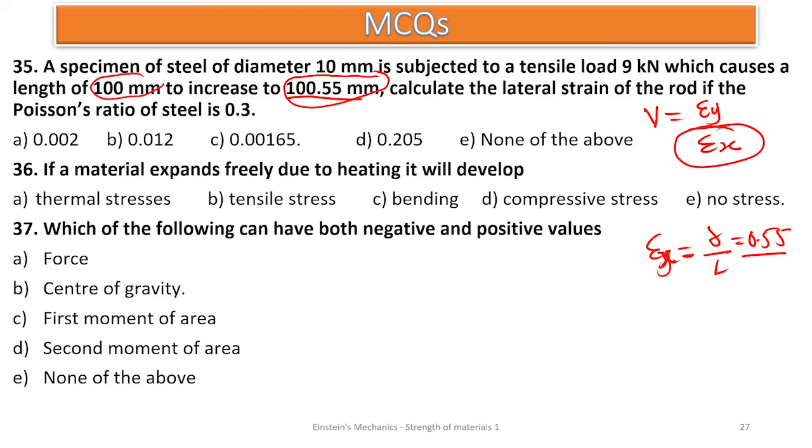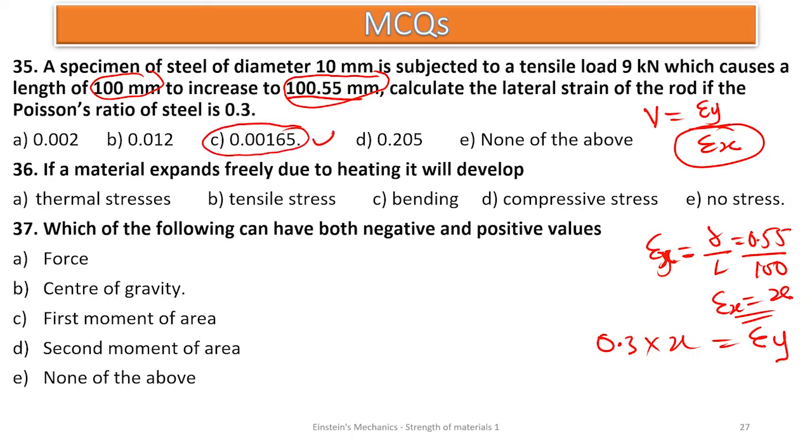So from here we are going to get this as an X value. So we can bring it in and say Poisson's ratio is given as 0.3 multiplying the value we got here should be equal to the lateral strain. And when you do that, your lateral strain is going to be C as your correct answer.